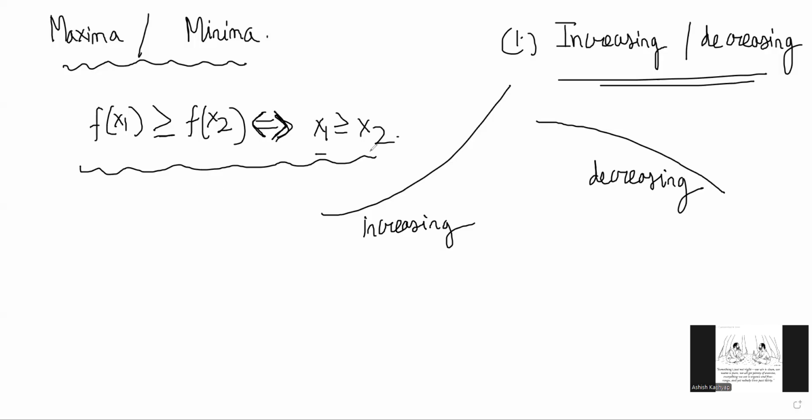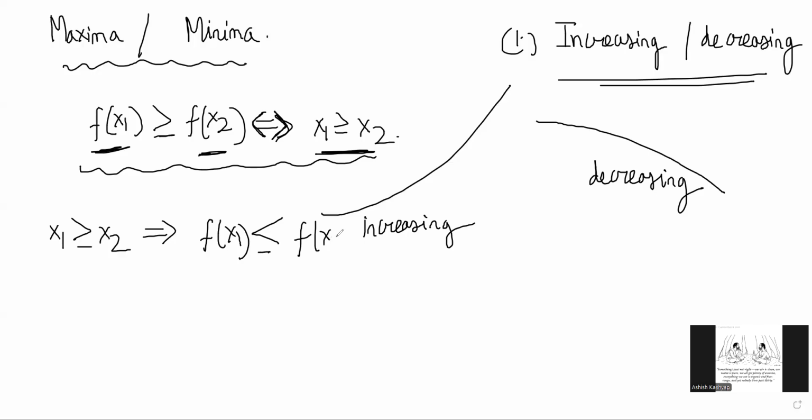If x1 is greater than or equal to x2, f of x1 is also greater than or equal to f of x2, and vice versa. However, there are other types of functions where if x1 is greater than or equal to x2, that implies that f of x1 is less than or equal to f of x2. That would be a decreasing function.